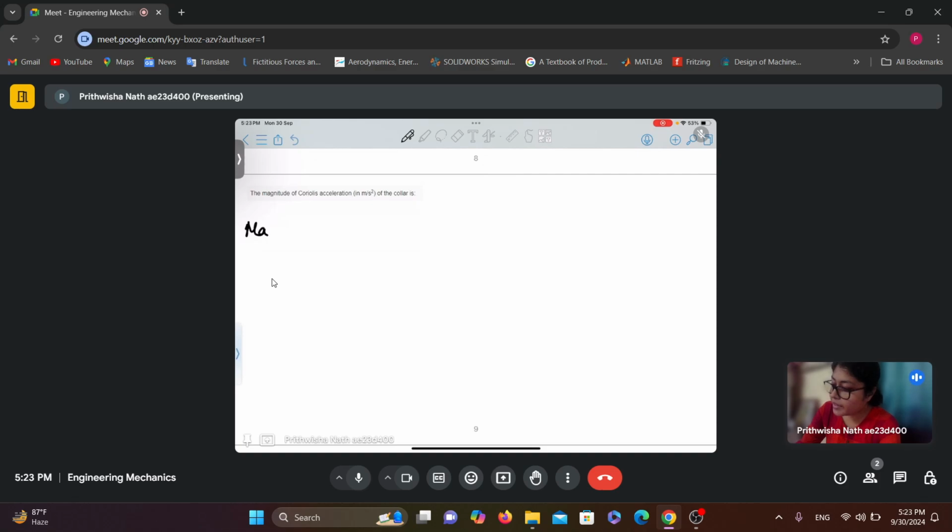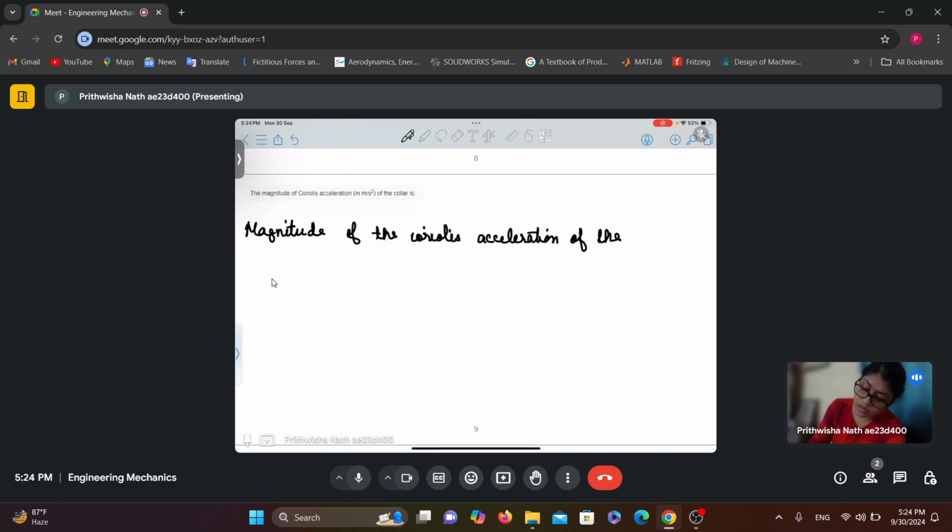So, magnitude of the Coriolis acceleration of the collar is 2 omega v rel. So this is 2 into omega. What is this omega?